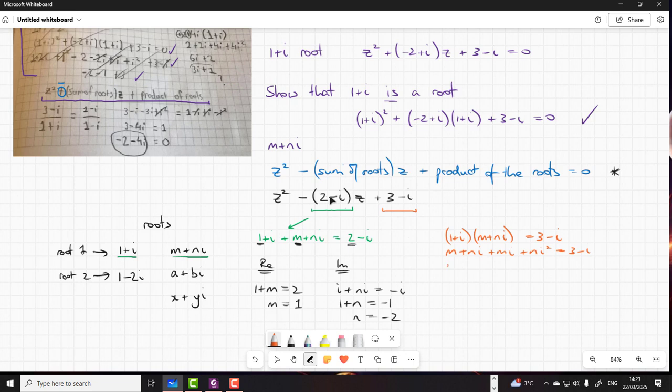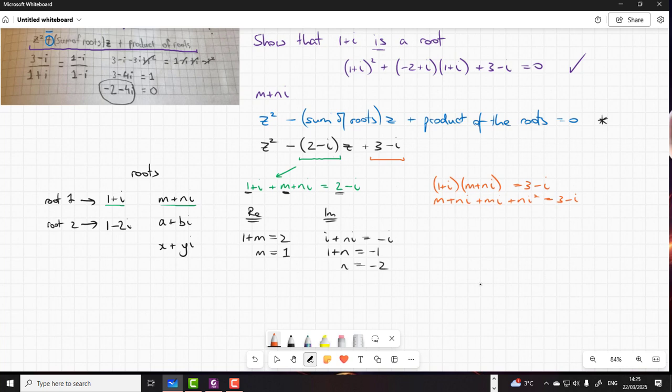So the real numbers are m minus n, and then the imaginary numbers are ni plus mi, and that's equal to 3 minus i. So I have m, and then plus n times i squared is plus n times minus 1, which is minus n, so I'm going to write that next. And then I have plus mi plus ni, and that's equal to 3 minus i.